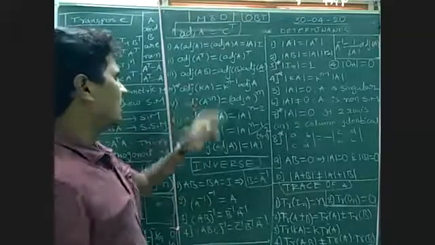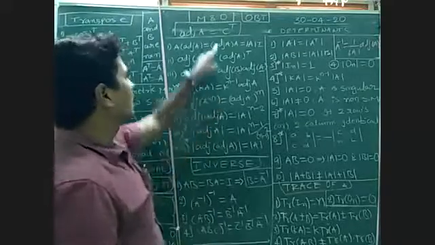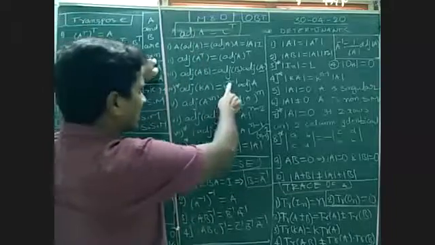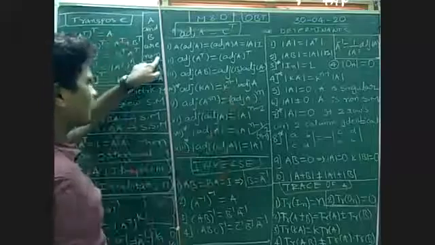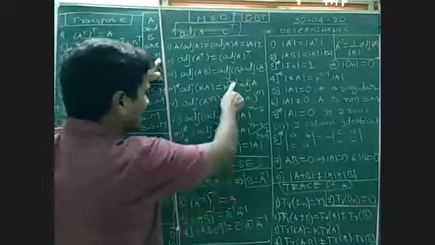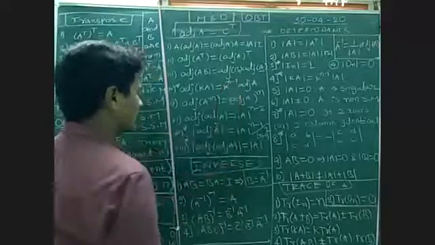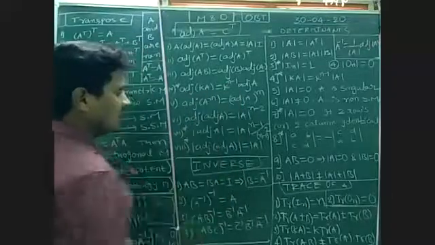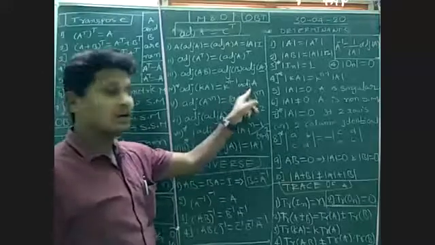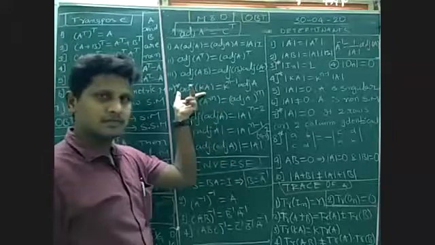Here, for adjoint of KA, because the given matrix is of order n, we write K^(n-1). If it is a 3 by 3 matrix, we get K square. If it is a 10 by 10 matrix, 10 minus 1, we get K^9. So adjoint of KA is always K^(n-1) into adjoint of A. Important property, right?